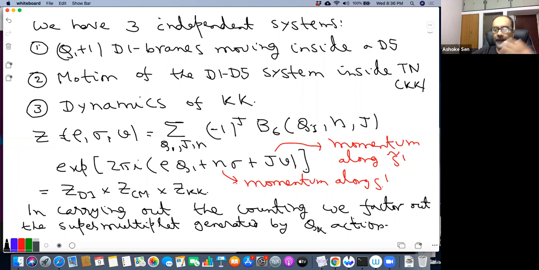But you will see a factor of (-1)^{2h}, because even after factoring out the zero mode Q alpha contributions, you are left with this (-1)^{2h} factor, where h refers to the state in the supermultiplet that is annihilated by all the Q's. So when you calculate the trace, you will see (-1)^{2h} appearing, but you will not see the 2^6 factor appearing, because it has gone away while tracing over these fermion zero modes.